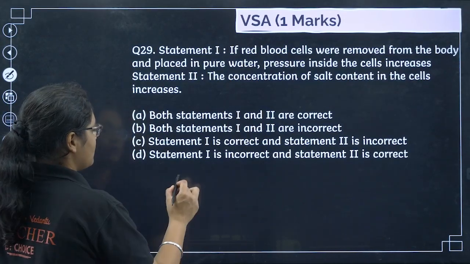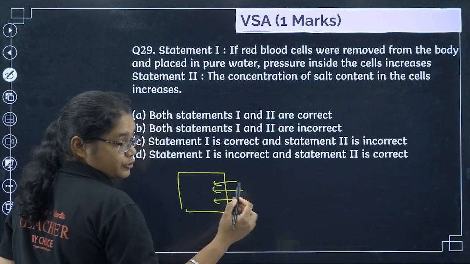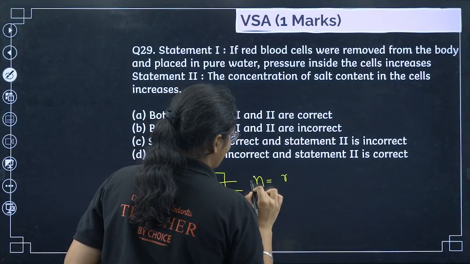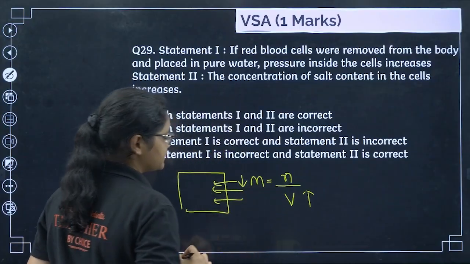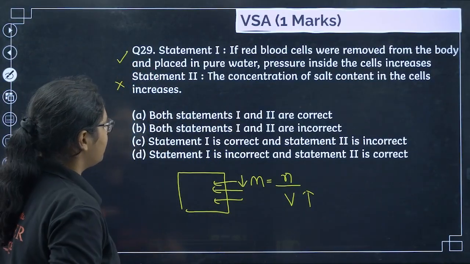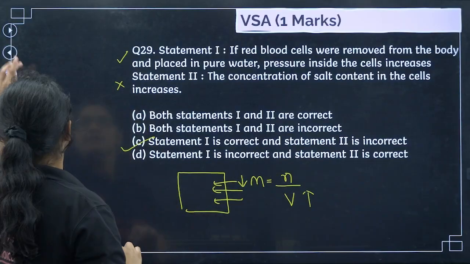Inside the cell more water has come, so the volume of the cell has increased. Concentration is molarity, number of moles by volume, so when volume increases, concentration actually decreases. So statement 2 is incorrect and statement 1 is correct, option C here.